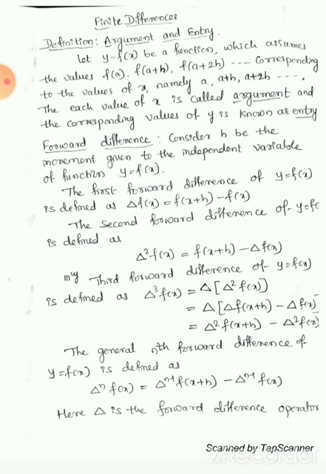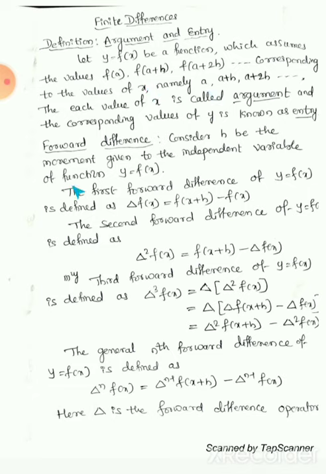In numerical analysis, each value of x is called an argument and the corresponding value of y is known as an entry. Whatever x values you fill in are called arguments, and whatever y values you get are called entries. Understood this much?